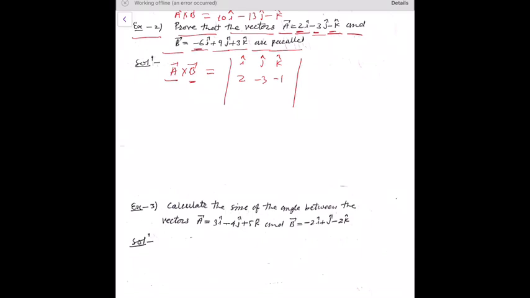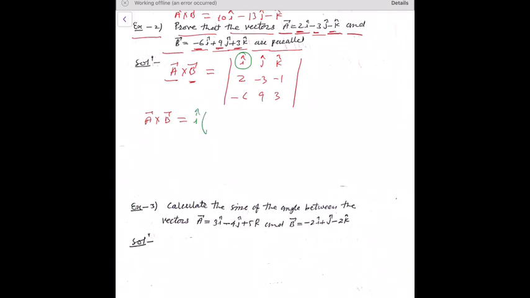Next, B vector. So here Bx is minus 6, By is 9, Bz is 3.